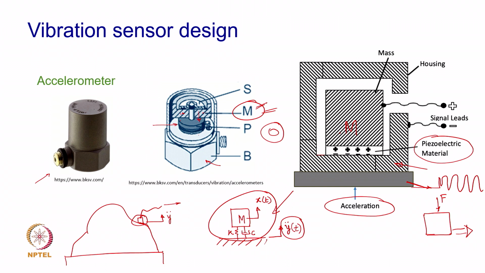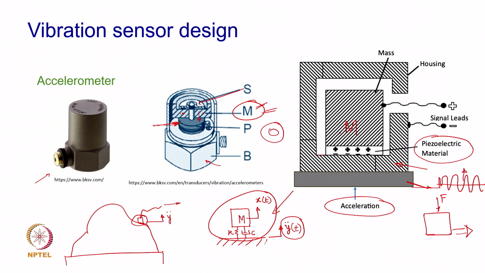That is the reason why this washer or a spring is always tightening the mass against these piezoelectric discs, so that it is always under compression. Even during the upward motion when the discs get relieved, they are not relieved to an extent that the entire compressive stress is relieved. So, this is how the design of this particular accelerometer is.